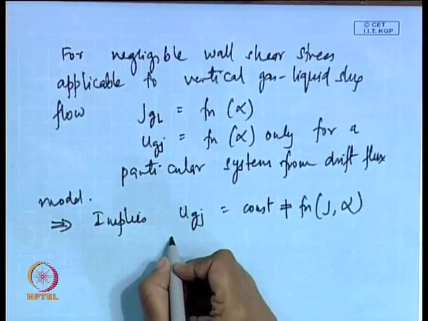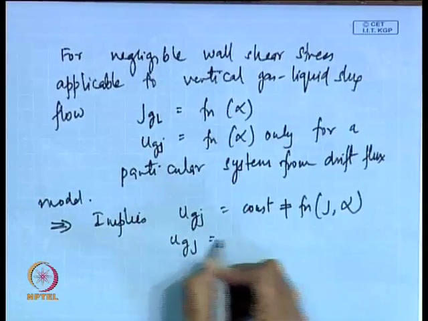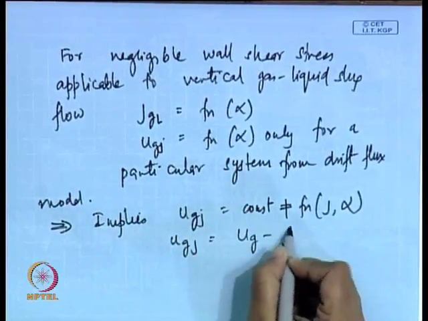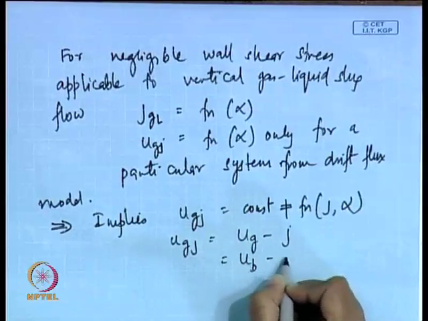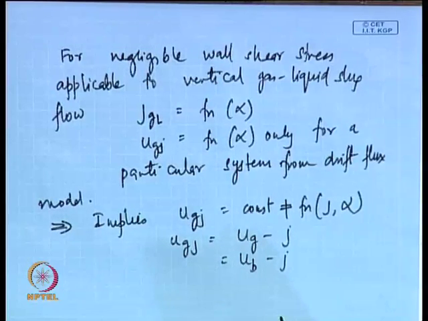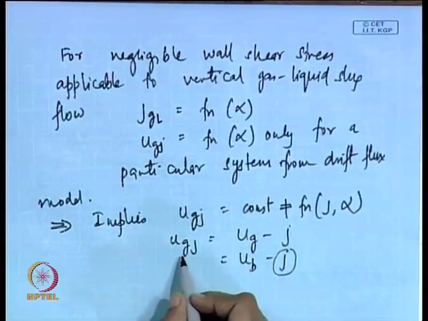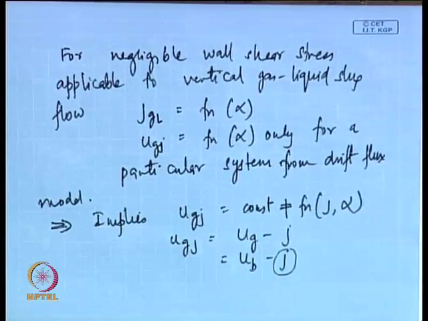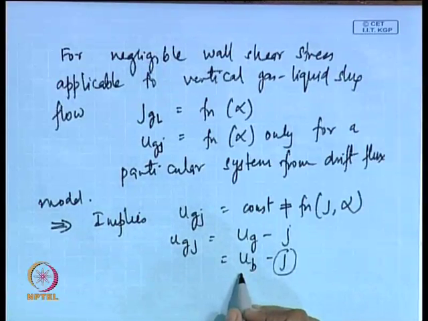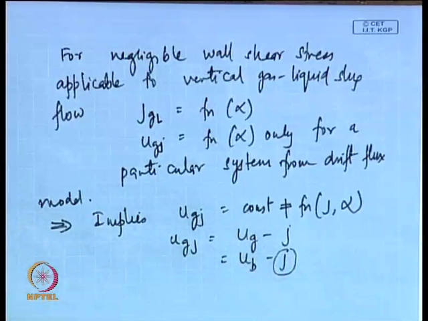Now, what is this UGJ? UGJ is nothing but UG minus J, or in this case, since the entire thing rises up as a Taylor bubble, you can write it as UTB minus J. Therefore, no matter what the value of J, UGJ has to be constant. That means, whenever we increase J, your bubble velocity also has to increase, so that the difference is constant.